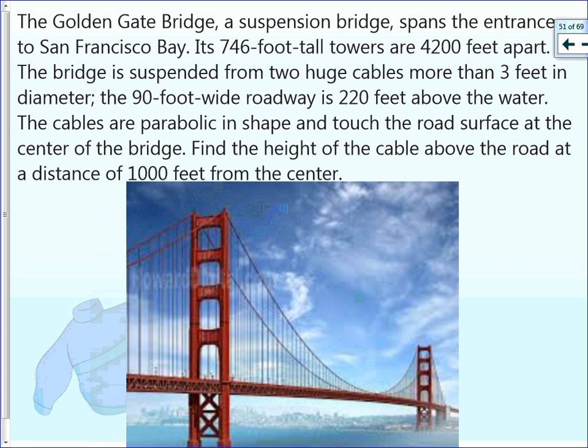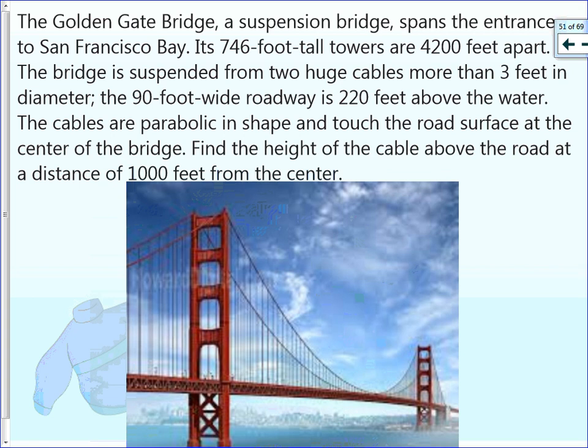Just a cable. Okay? How did they move those? Yeah, very, very big trucks. The 90-foot roadway is 220 feet above the water. So here's the water, here's the roadway, that's 220 feet above the water. So stay on the bridge when you drive.